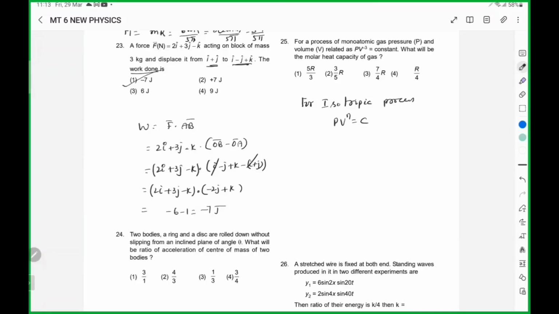So for the work done in a polytropic process, the molar specific heat of the gas is C equal to Cv plus R by 1 minus n.